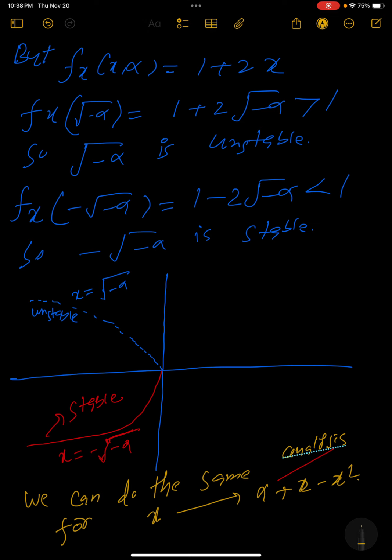But the example that we did was just when x was in R1. So how will we know if x is in Rn, if we have a general fold bifurcation system? If we have a general system, how will we determine that it does have a fold bifurcation? That's a very important thing.